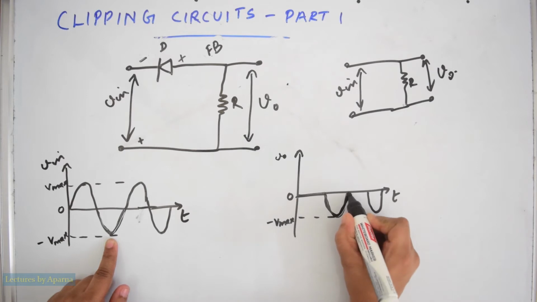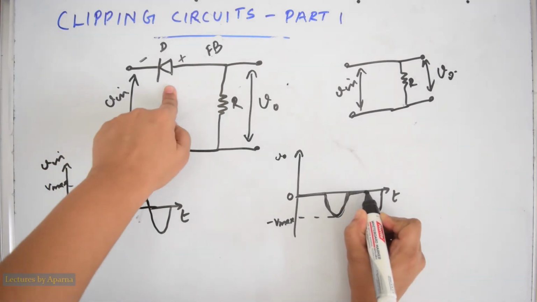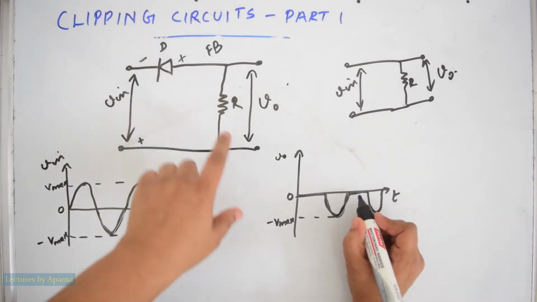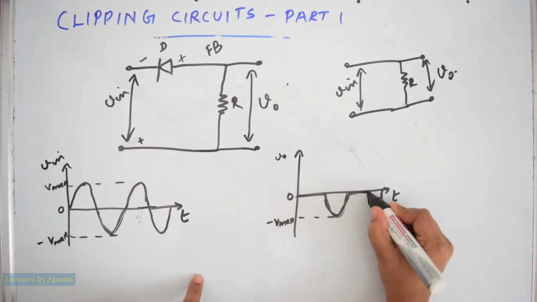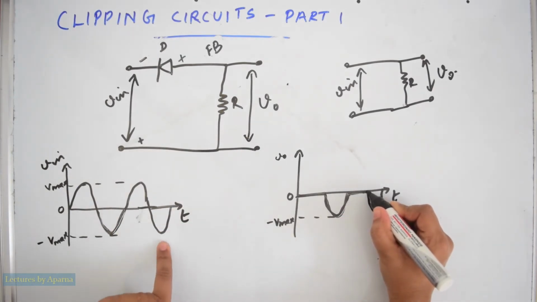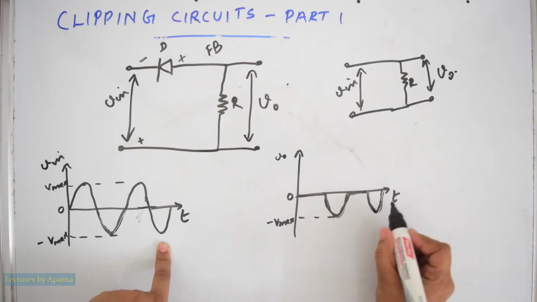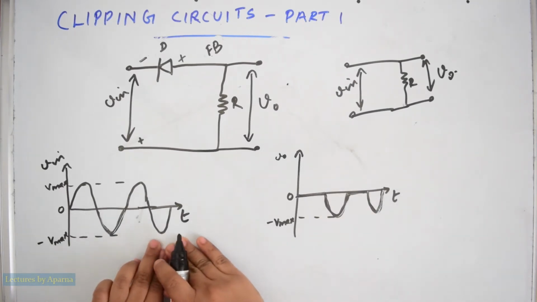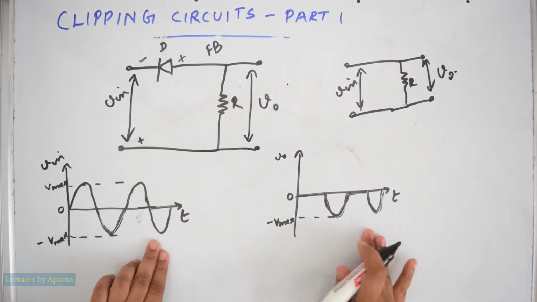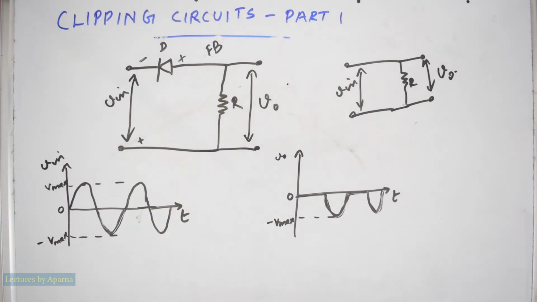Again in the positive half cycle, this diode will be off, and so the output voltage V0 will be 0, and in the next negative half cycle, the diode will conduct and the output voltage will be the same as that of the input. So this is how this clipping circuit works.